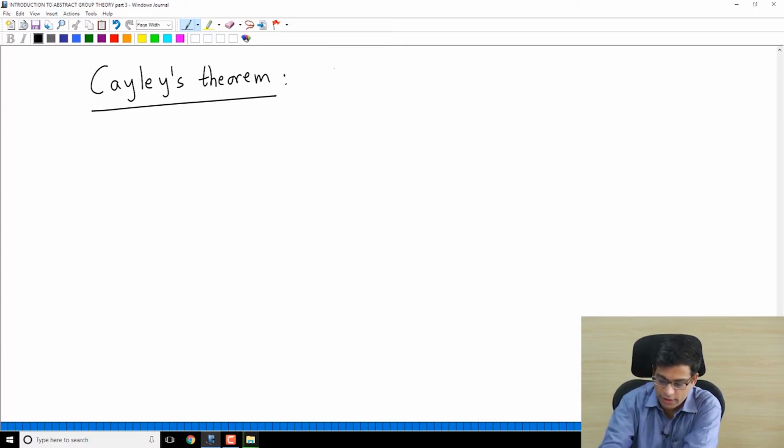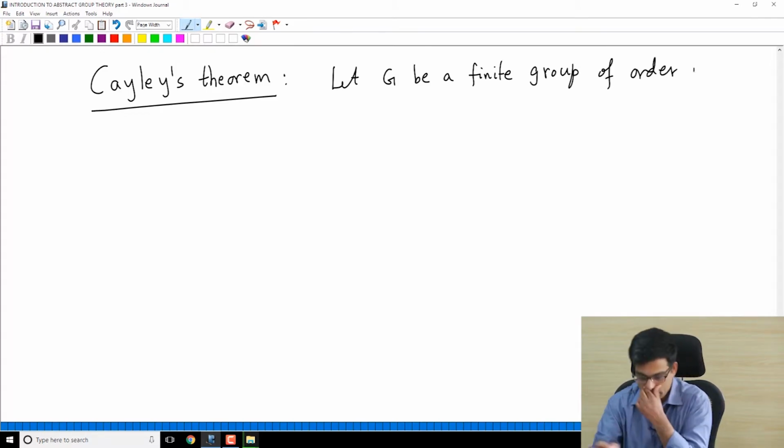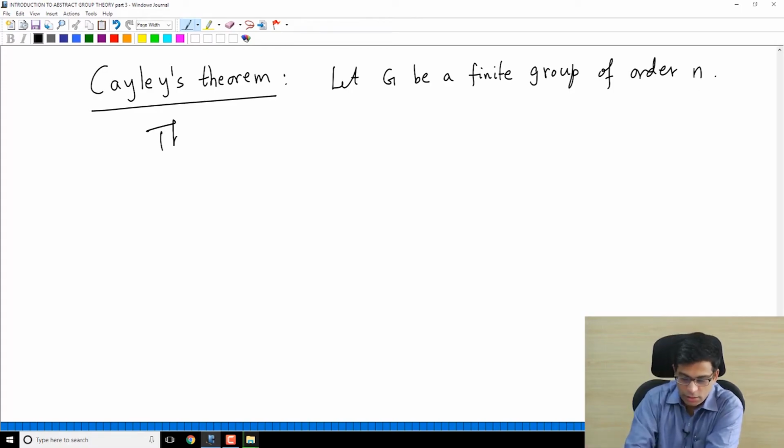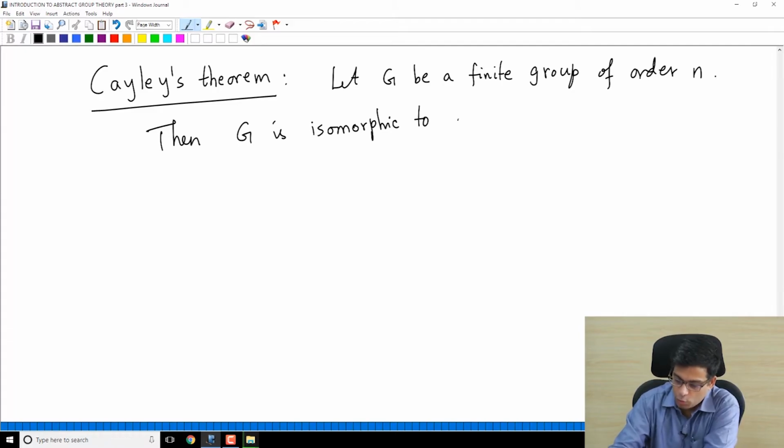Let G be a finite group of order n. Let's say G is a finite group of order n, and that means G has exactly n elements. Then G is isomorphic to a subgroup of Sn.